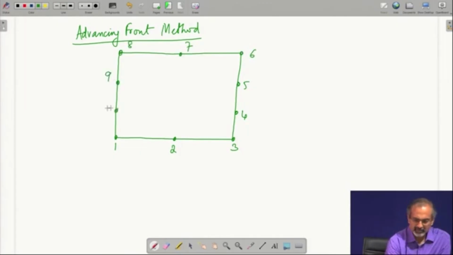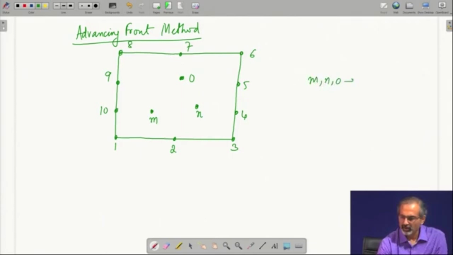So, let us say there are 10 boundary nodes and there is no inner body, but there are some inner nodes which have been created through the domain nodalization that we discussed in the previous step. So, M, N, O are internal nodes and 1 to 10 are boundary nodes.